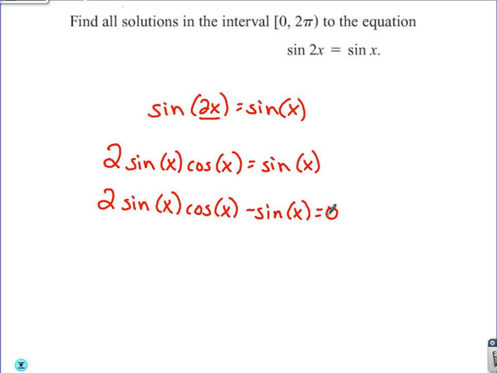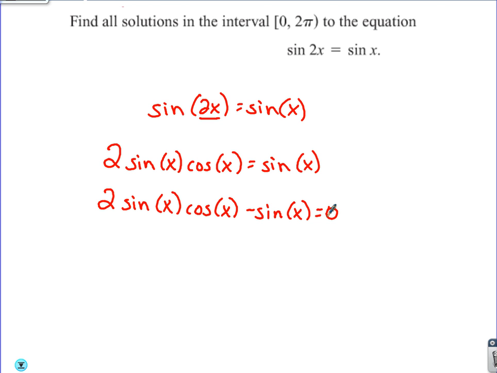Somehow try to separate if you've got 2 different functions, because the ones we've been working up to this point only had tangents or only had sines or only had cosines. If you have 2 different types of functions, do one of 2 things. Either separate them and try to get them away from each other, or try to turn them into the same thing. I think it's going to be more trouble than it's worth trying to turn that cosine into sine stuff.